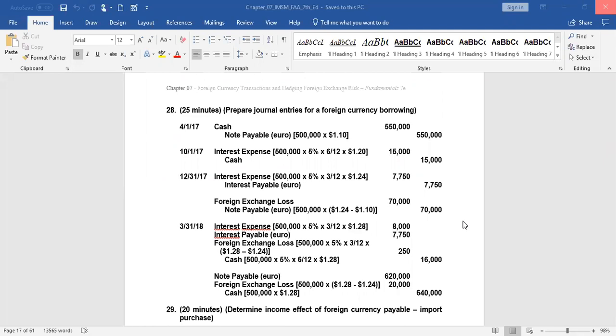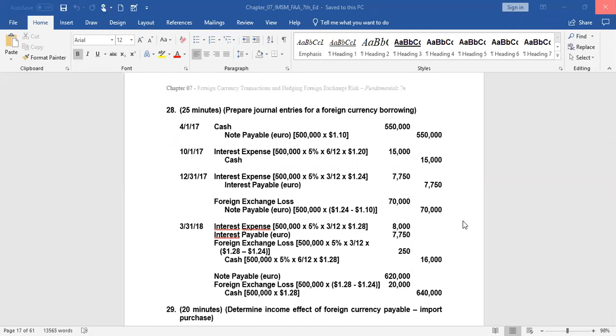So this is one of the first areas that's introduced in the chapter. What happens when a company borrows a foreign currency and they have to convert it to United States? Well, the first thing we need to worry about is the first journal entry, and that's recording the United States value, the dollar value of those euros.